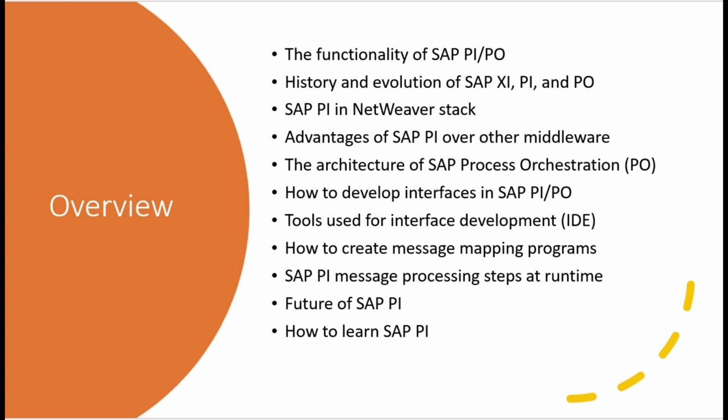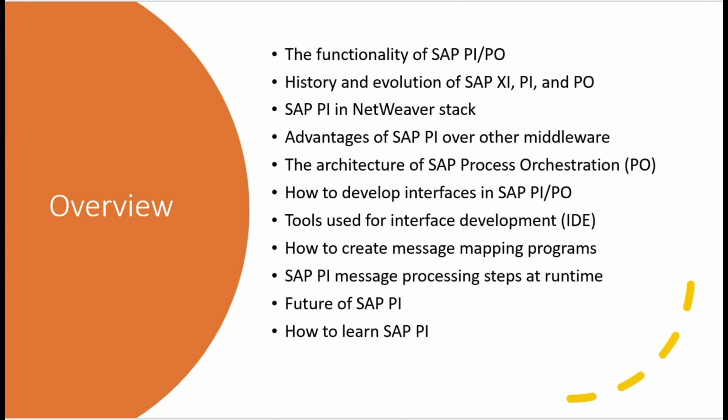So first step is functionality of PIPO. As the integration broker of SAP NetWeaver stack, SAP PIPO has capability to integrate SAP with other legacy systems and applications. The system allows you to integrate SAP with other SAP and non-SAP systems, as well as build and execute A2A and B2B interfaces.